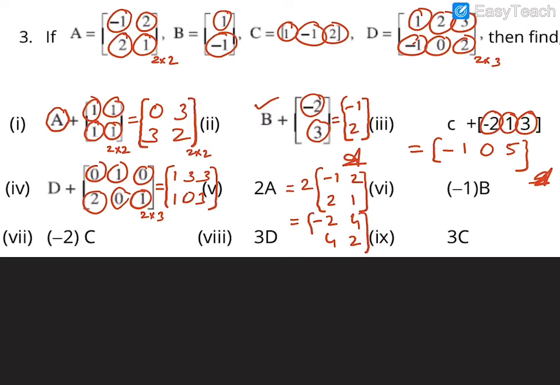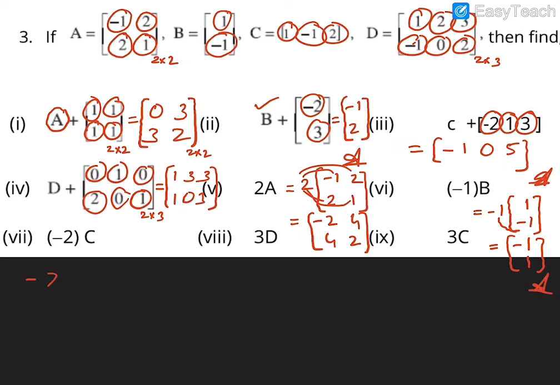Negative 2 will multiply with each element of matrix A. Minus 1 multiplying with B. Minus 1, what is B? B is 1 and negative 1. So we will get negative 1 plus 1. Minus minus plus. So this is the answer.